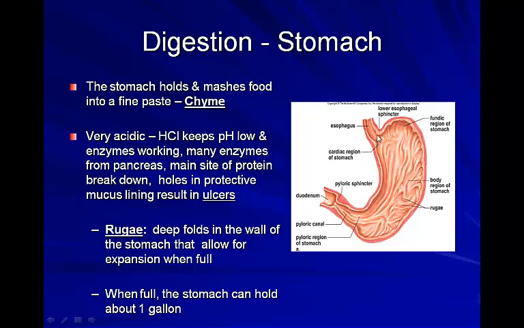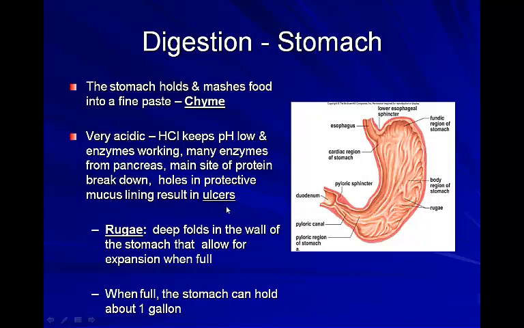That's called the lower esophageal sphincter. And then you also have what's called the pyloric sphincter. Those help keep the food, the chyme, in the stomach, and also the acid in here, so that it doesn't burn the tissues.